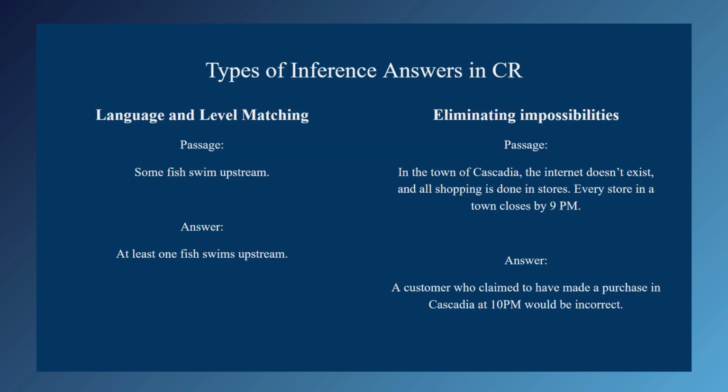It contradicts what the passage says, so there's no way that it could be true. If the answer says no purchases were made in town after 9 p.m., that could also be a correct inference. You are just using the facts to limit the possibilities.